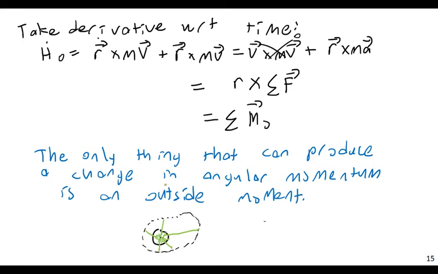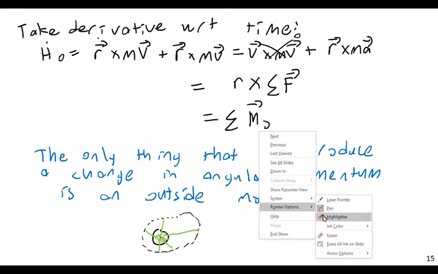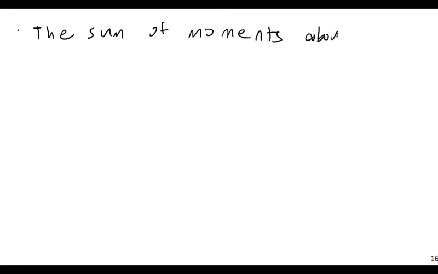So again, the sum of moments about an axis, or sum of torques if you want to use that, will produce a change in angular momentum.